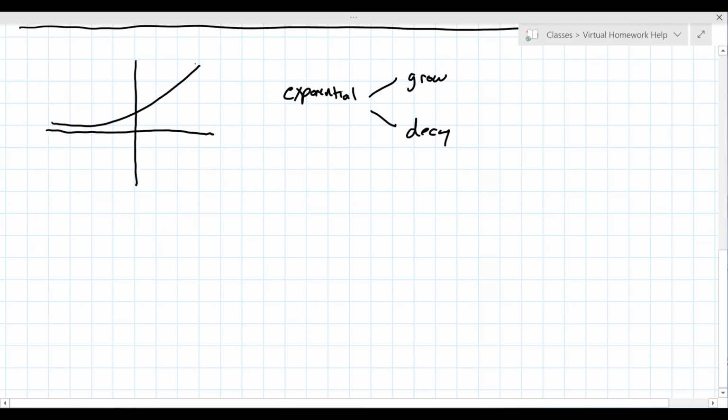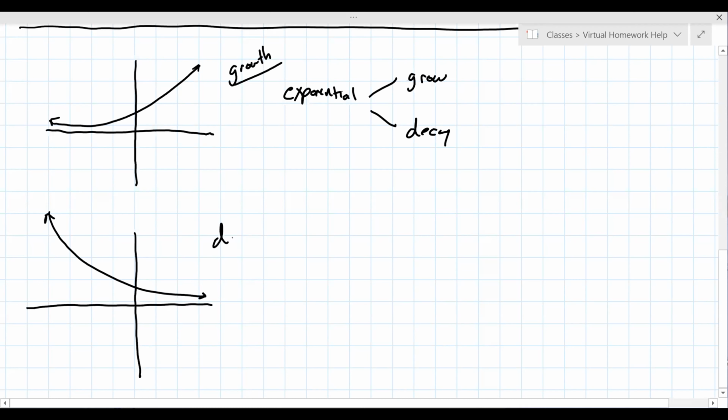We see an example of a growth curve here. A decay curve down here looks something like this, where it's decaying. So this is growth, top here, this is decay. And they're related to logarithmic functions because of the inverse relationship between the two of them.